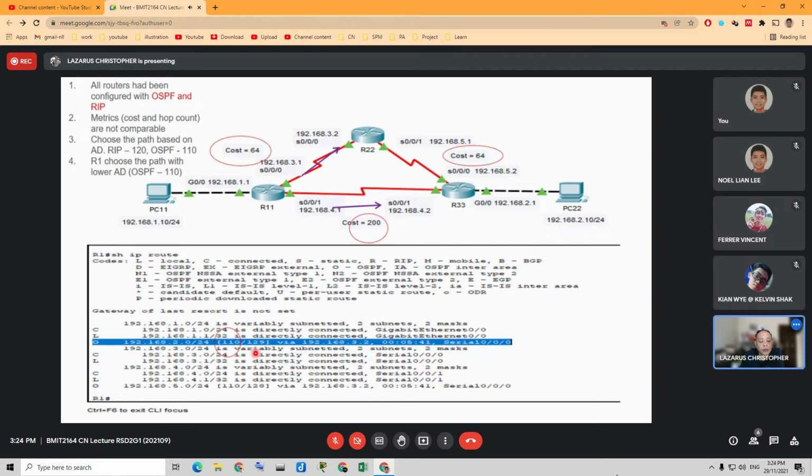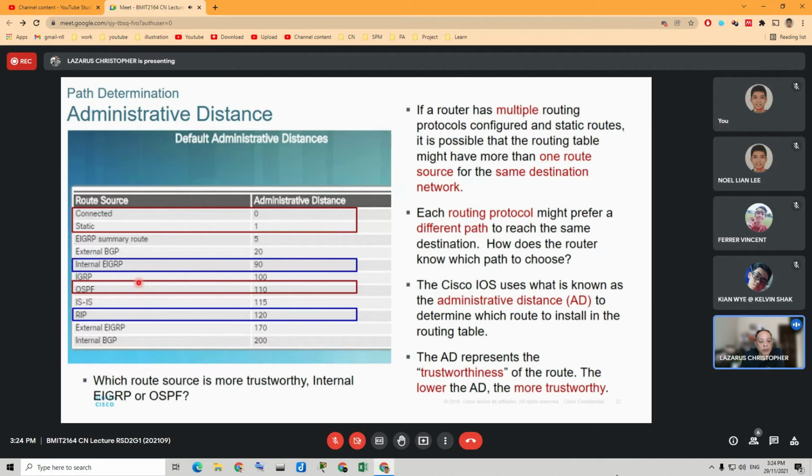All right. Then if you have EIGRP or OSPF, that means EIGRP will win, right? Whether it's internal or summary route.